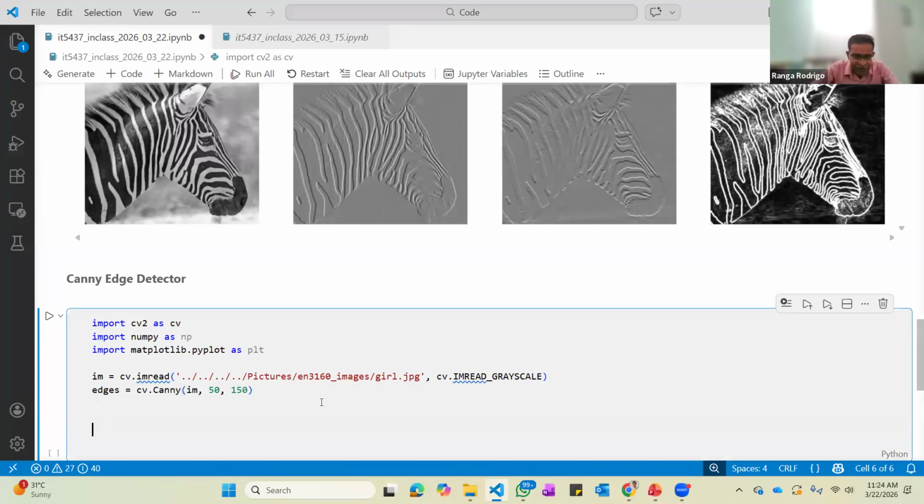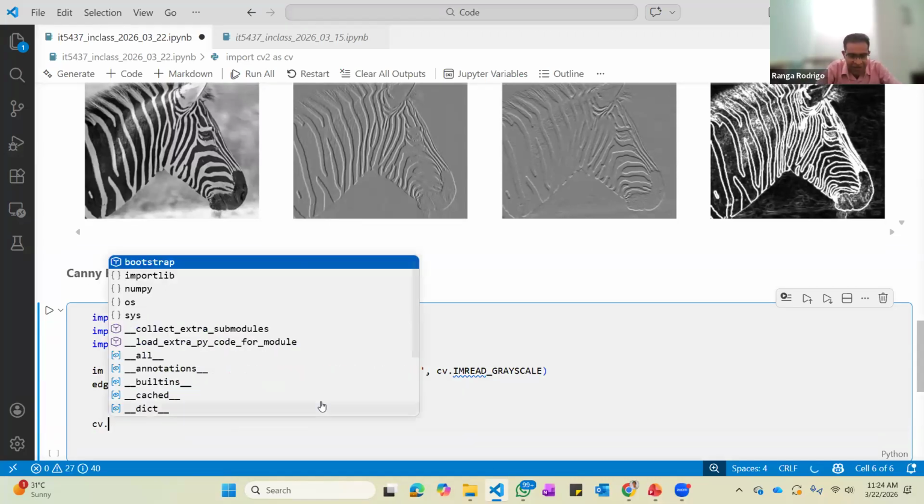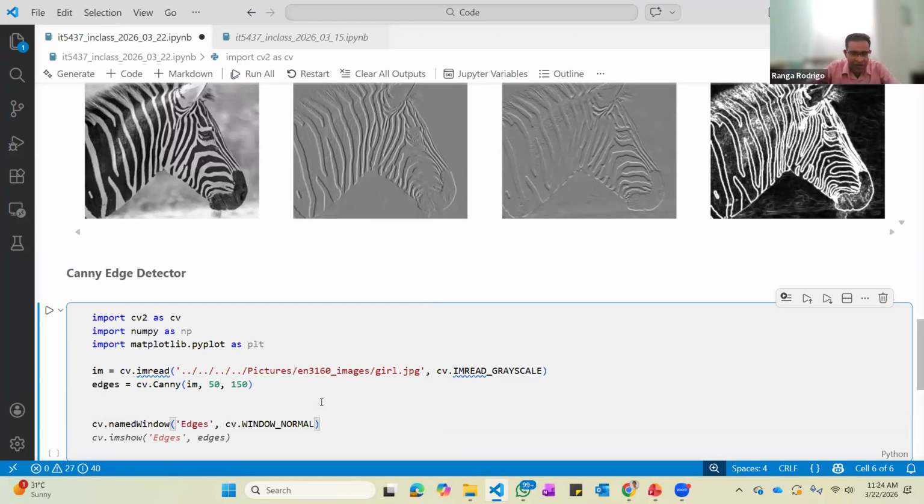First of all, I will use OpenCV to display this. cv.namedWindow, I will say image display or something, window autosize. Let's call it display.